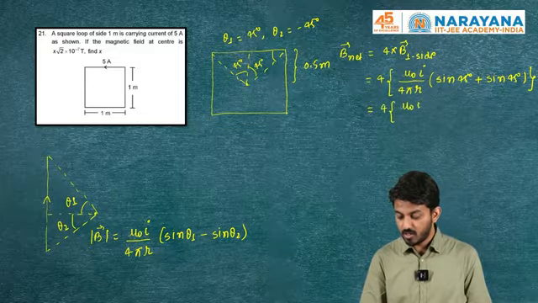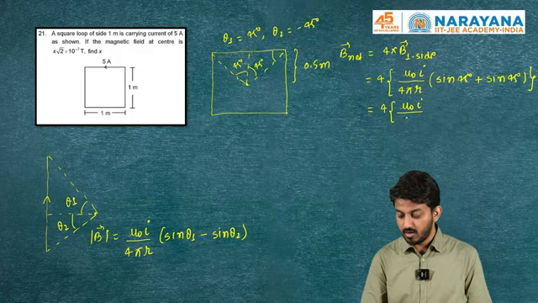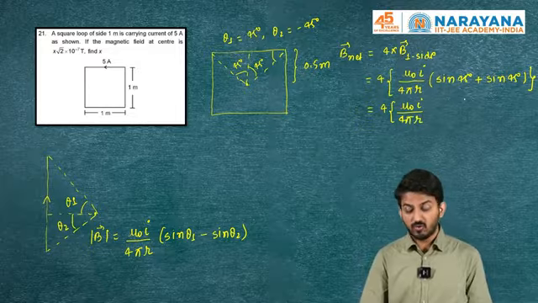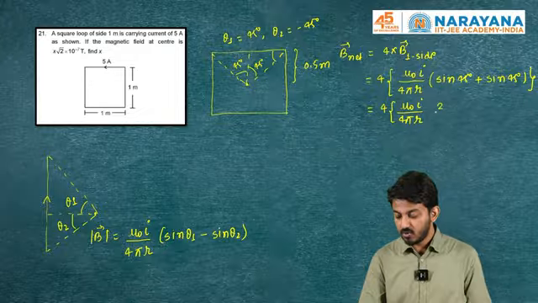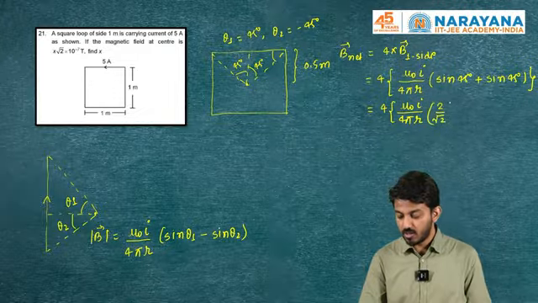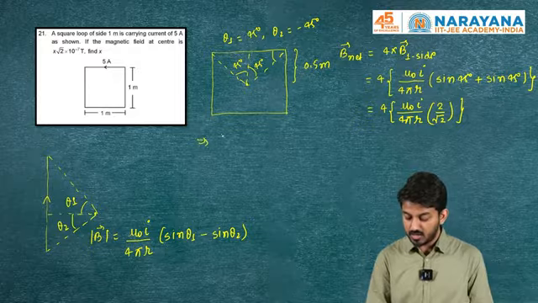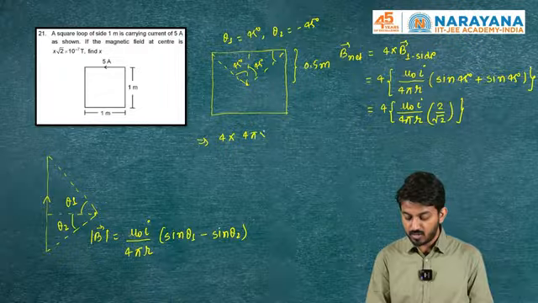So our answer being mu naught I by 4 pi r. Sine 45 is 1 by root 2 plus 1 by root 2, I get twice by root 2. Now to get the final answer, I'll get 4 times mu naught, which is 4 pi into 10 raised to power minus 7.